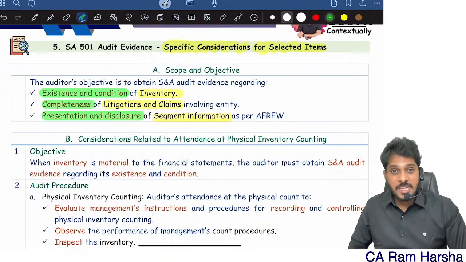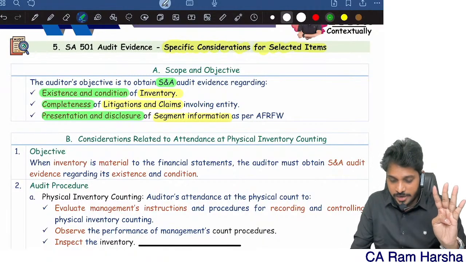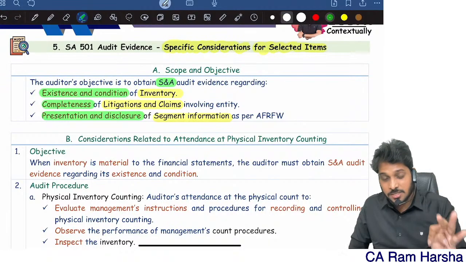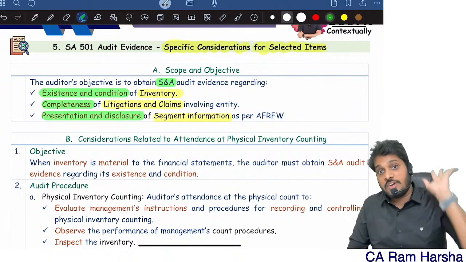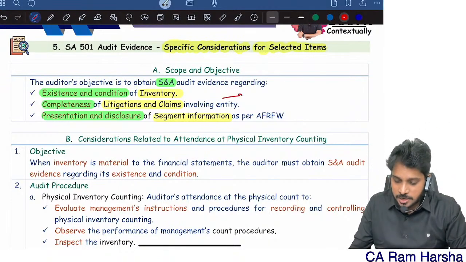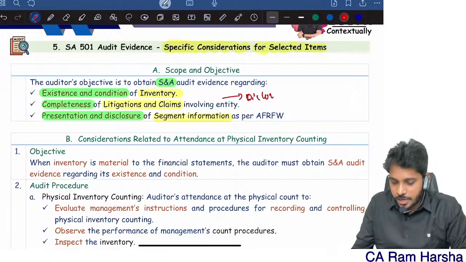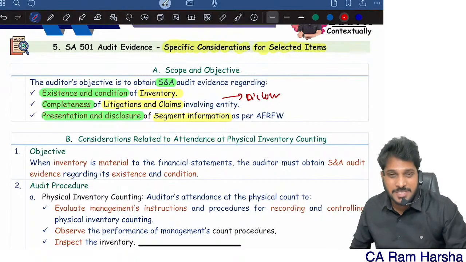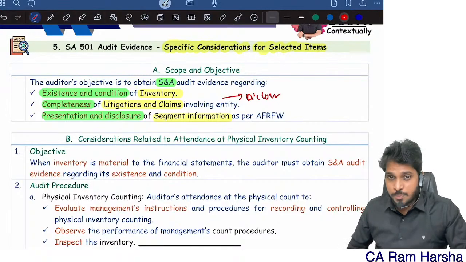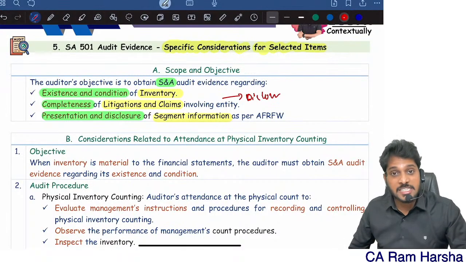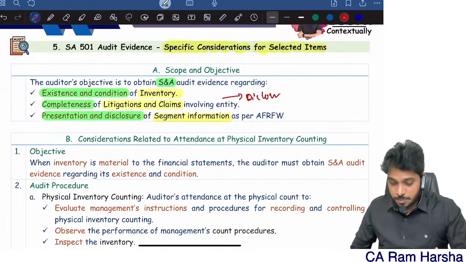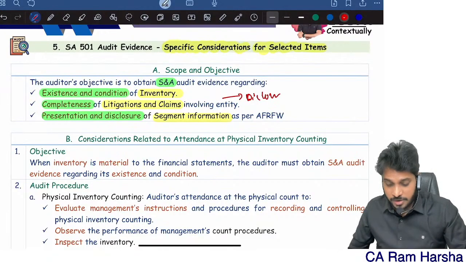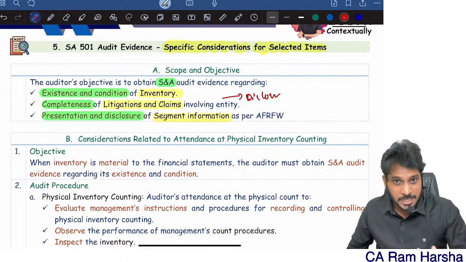Even for litigations and claims, they are mainly talking about disclosure. For segment information also, they are talking about presentation and disclosure.